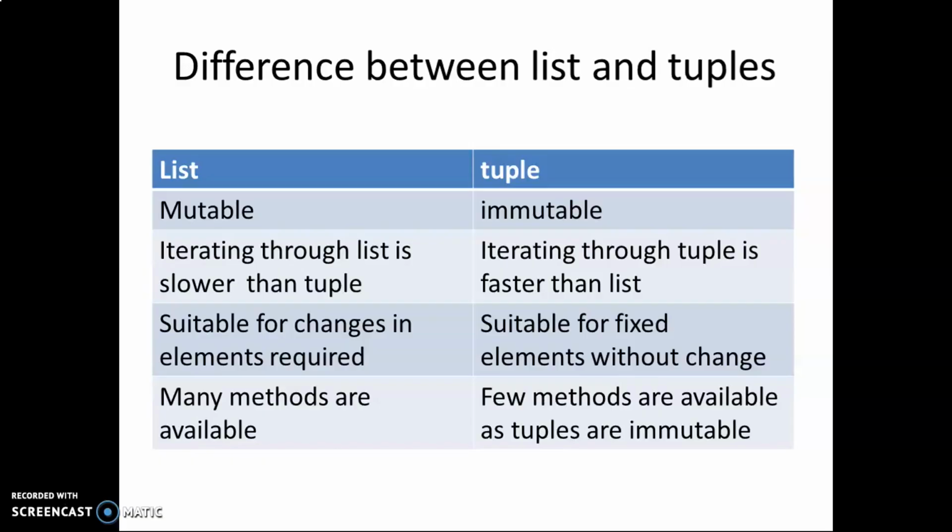Lists are suitable when changes in elements are required. Tuples are suitable for fixed elements without any change. There are many methods available for list, but for tuple, few methods are available as tuples are immutable. So this is the difference between list and tuples.